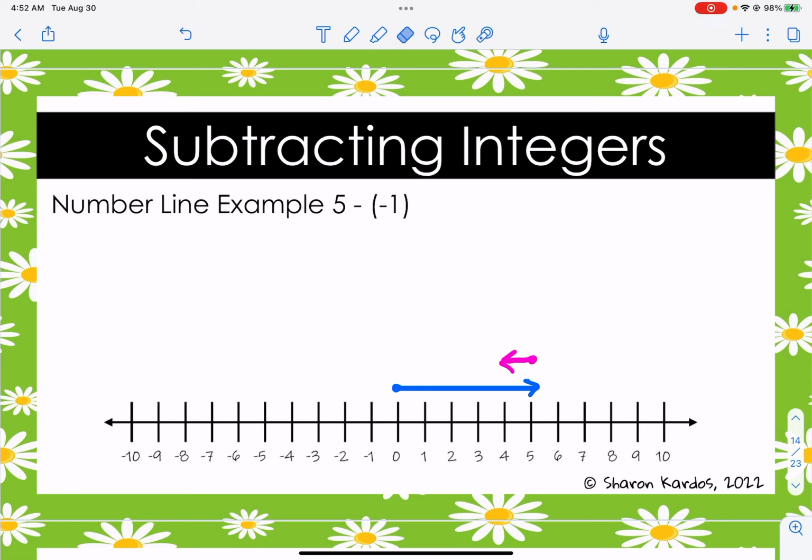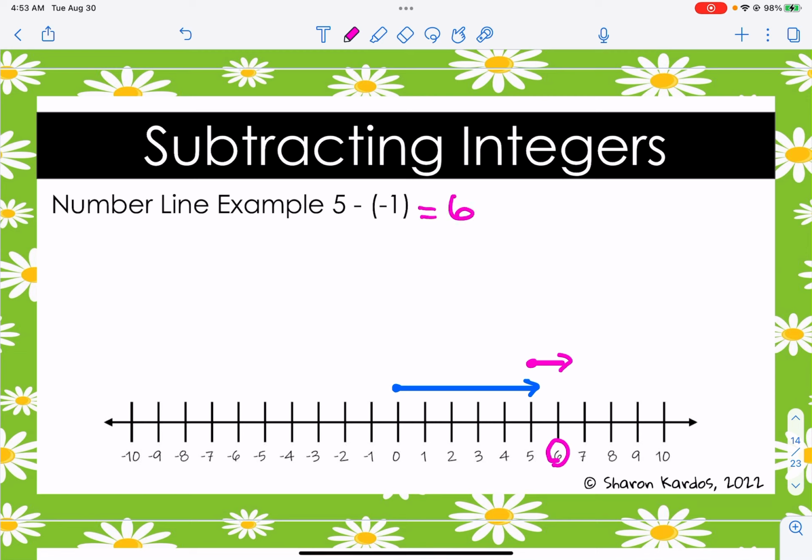But that subtraction sign, it means to do the opposite of whatever's going to come next. So instead of going backwards, I'm actually going to go forward. So even though it's a negative number, I'm going to go forward, and I wind up on positive 6.